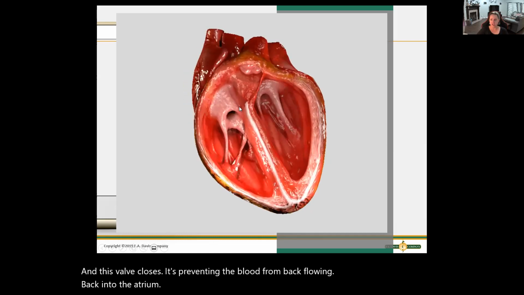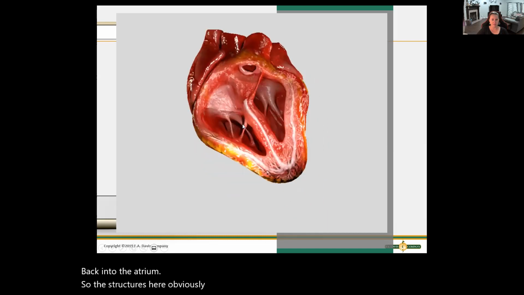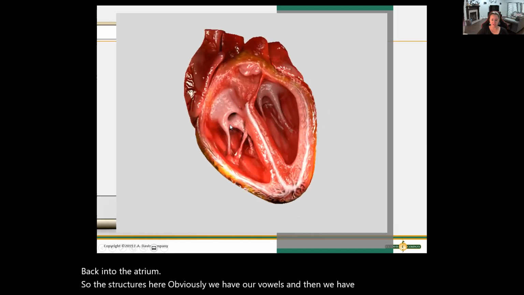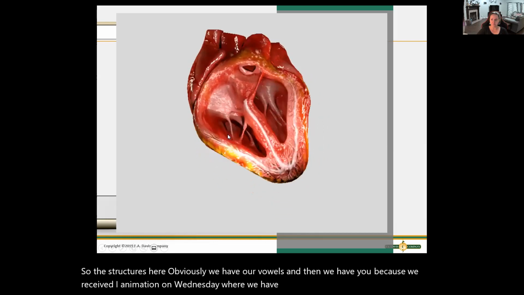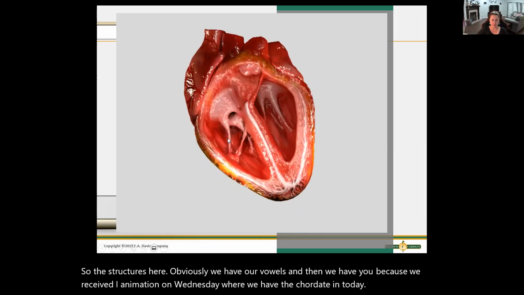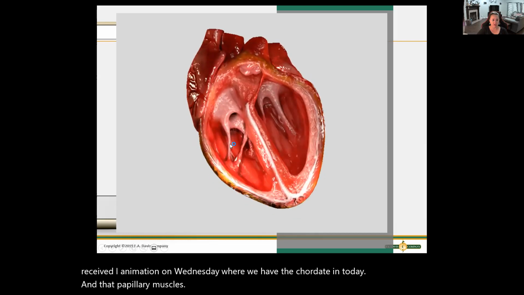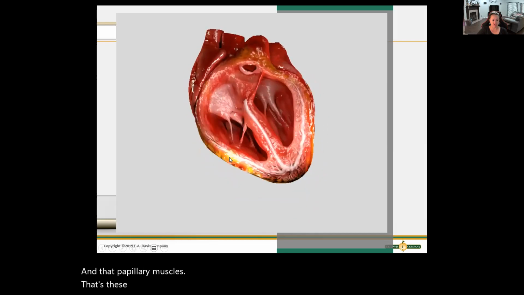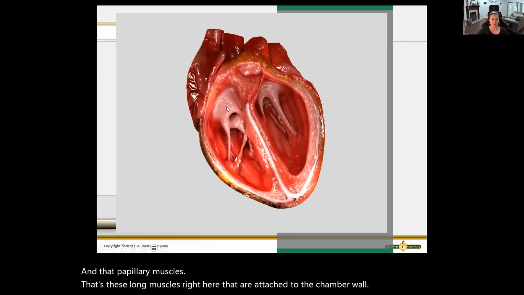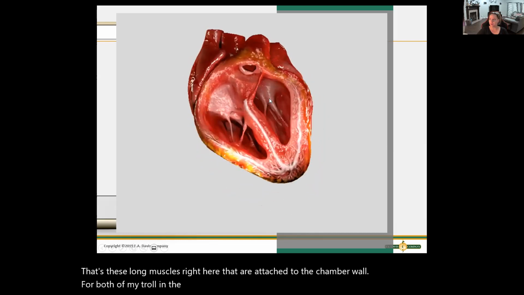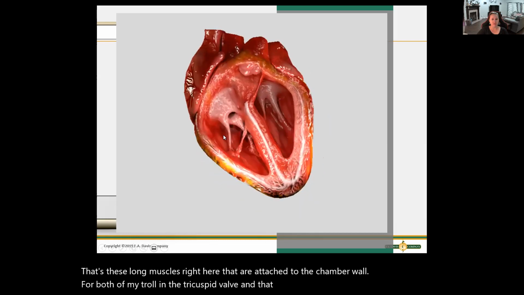So the structures here, obviously we have our valves, and then, you remember seeing that animation on Wednesday, we have the chordae tendineae and the papillary muscles. These long muscles are attached to the chamber wall for both the mitral and the tricuspid valve, and that ensures that these valves close tightly.